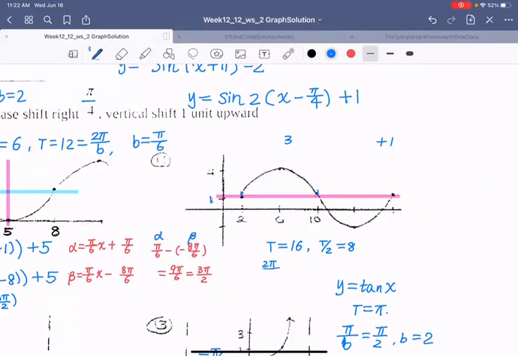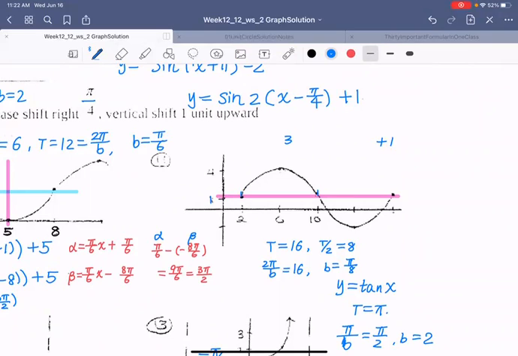So B would be 1/8 pi. Is that right? I did that in my head. That's right. Very good. Okay. You made it. That's correct. And there's a phase shift right by 2.